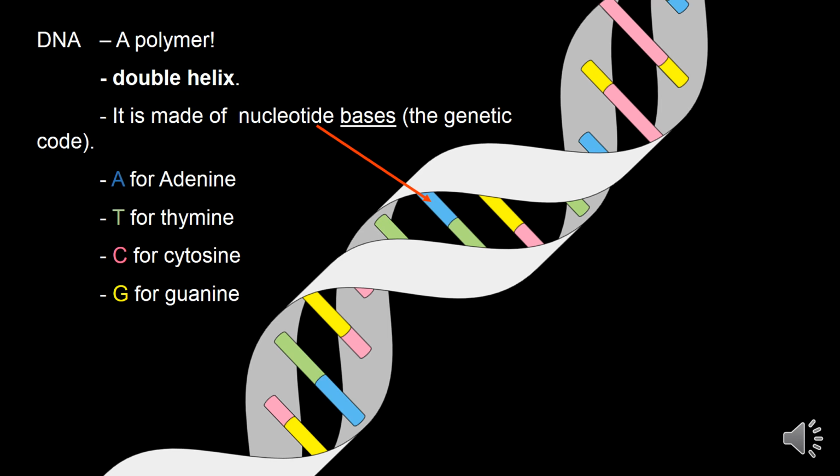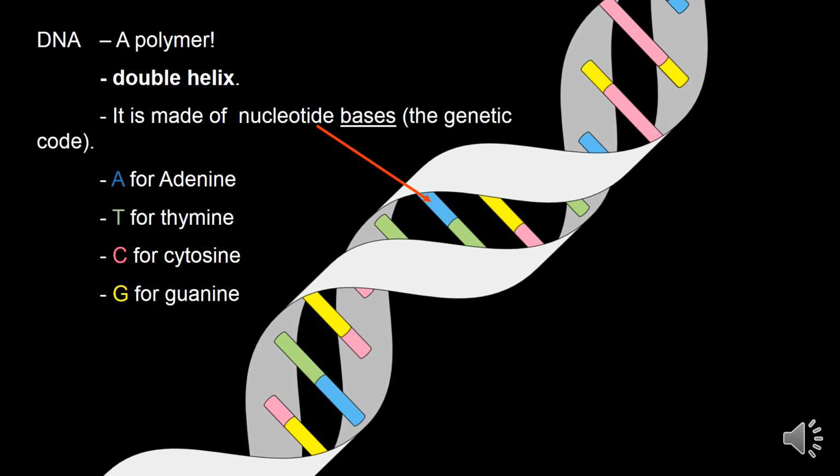In another presentation I'll deal a lot more with these 4 types of nucleotide base. But please understand that there's only 4 types, but in total there are many billions of these bases, and it's the order that they come in that determines the genetic code.